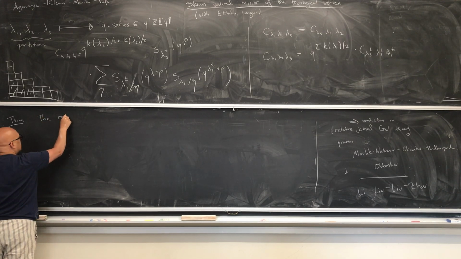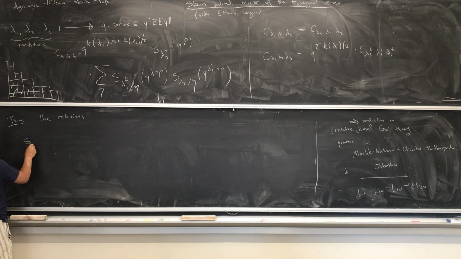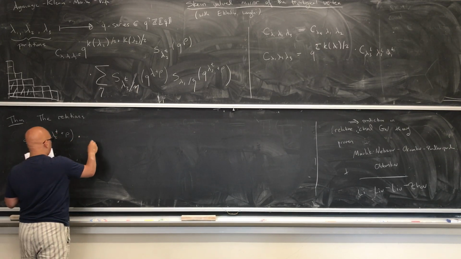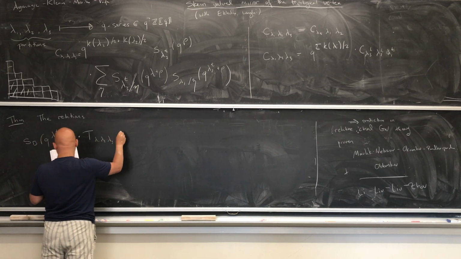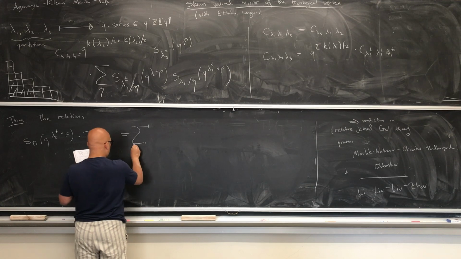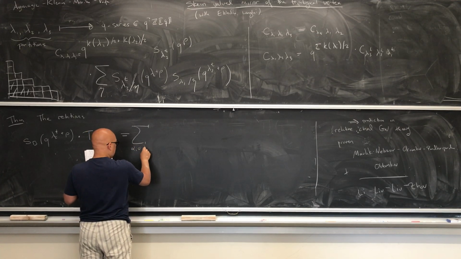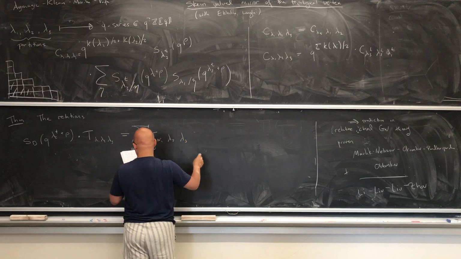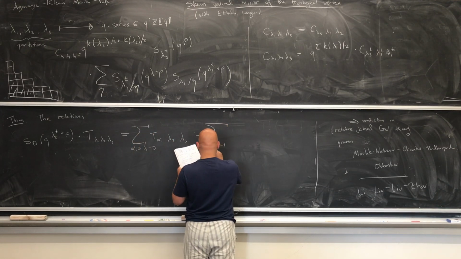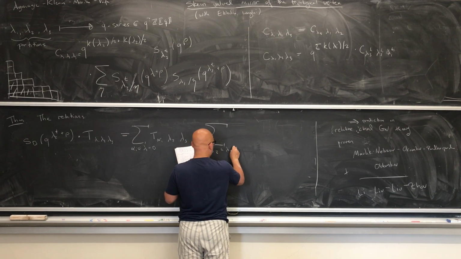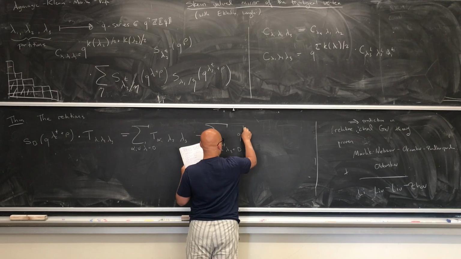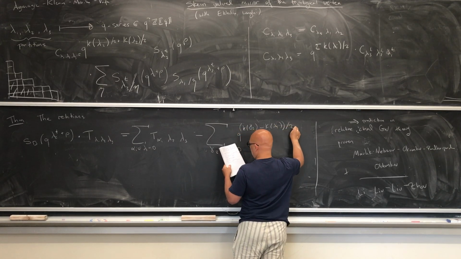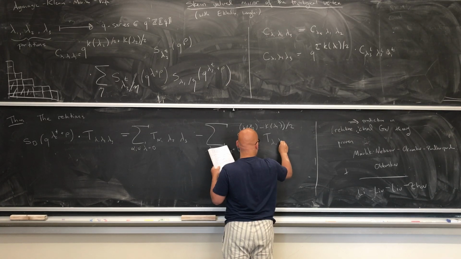The relations: S box Q lambda 2 transpose plus rho times T of lambda 1, lambda 2, lambda 3 equals the sum over alpha 1 in lambda 1 minus box of T of alpha 1, lambda 2, lambda 3, minus the sum over gamma 3 in lambda 3 plus box of Q to the kappa gamma 3 minus kappa lambda 3 over 2 times T of lambda 1, lambda 2, gamma 3.